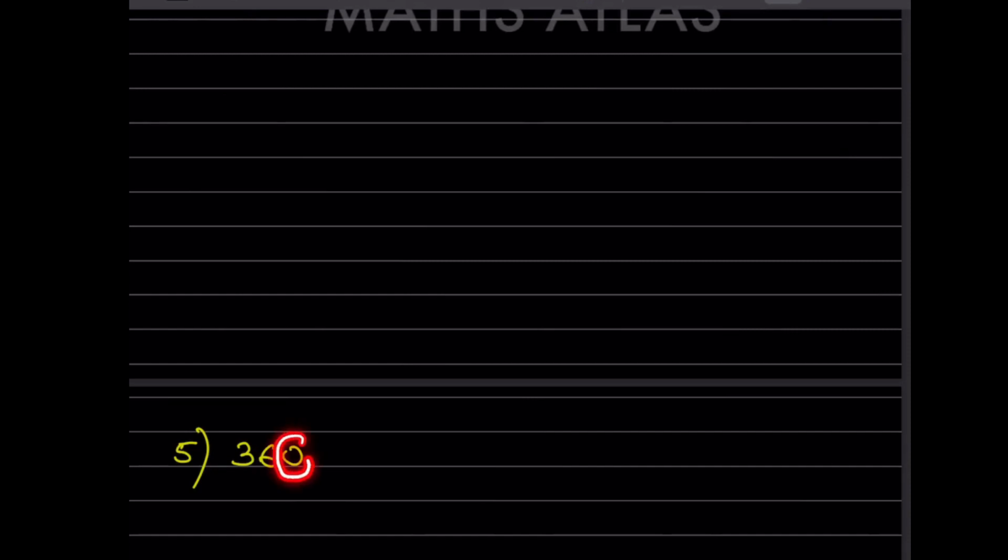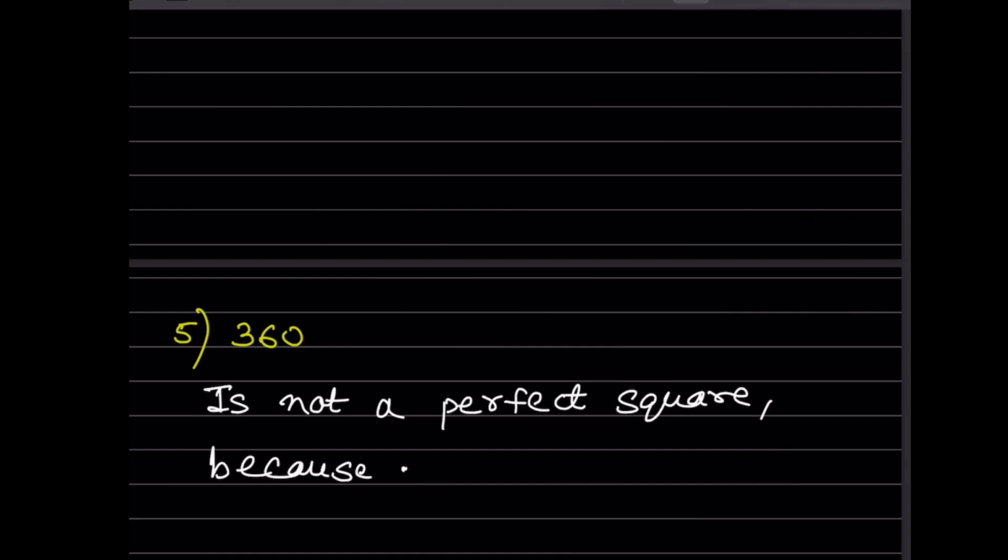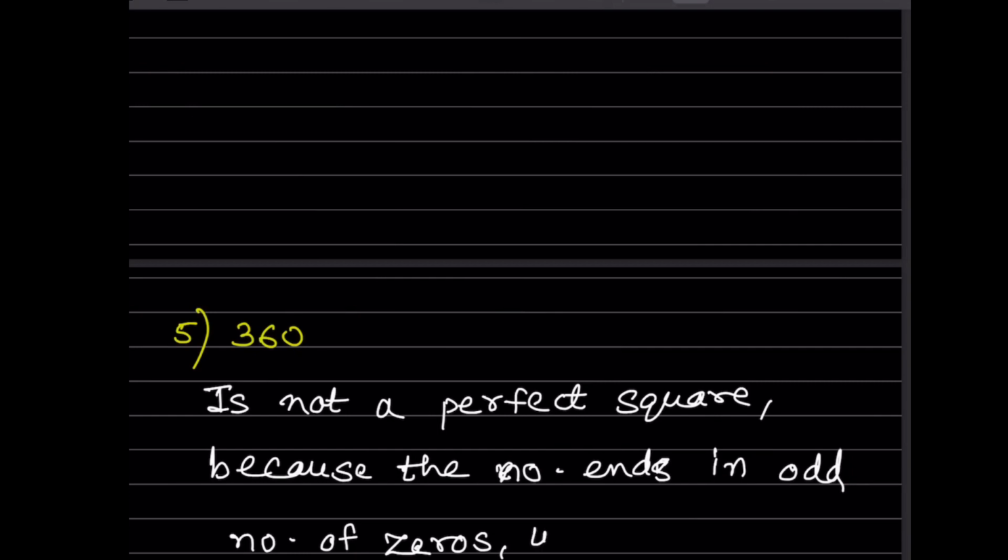Again, here what you can see is 0. It is not a perfect square because the number ends in an odd number of zeros, which is never a perfect square.